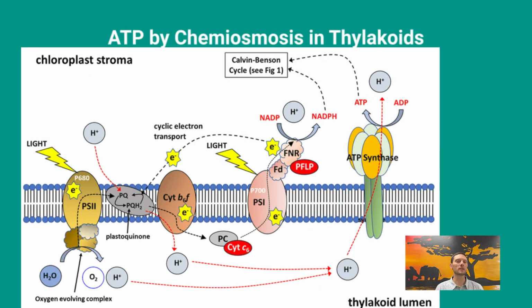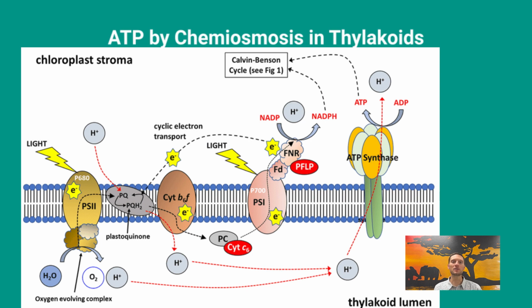So those electrons that are generated by photosystem 2 pass to an electron carrier molecule called plastoquinone, located in the thylakoid membrane, and it also accepts 2 protons from the stroma to create the molecule called plastoquinol.